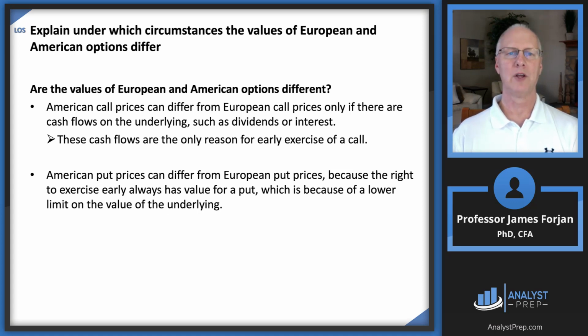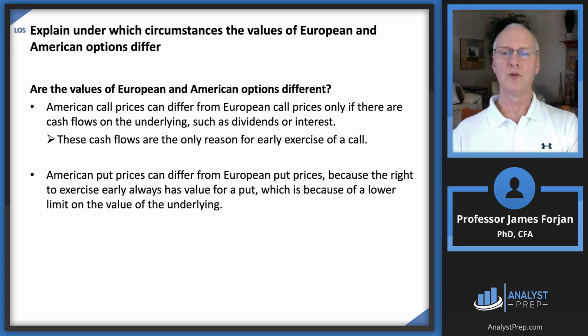Now, how about European and American options? How are those circumstances different, and explain those circumstances? Here's my example that I like to give students all the time. Remember, the difference between the two is that with the European option, you have to wait until the expiration date until you can exercise. With the American option, you can do it at any time.